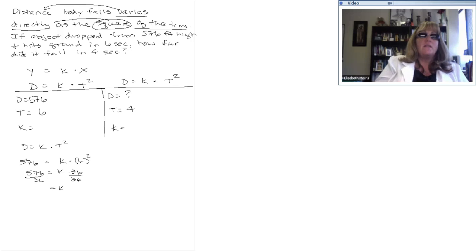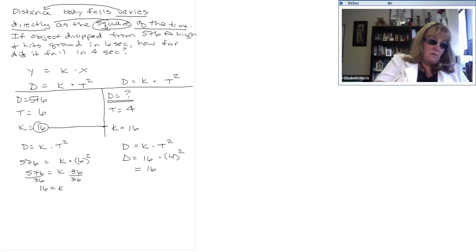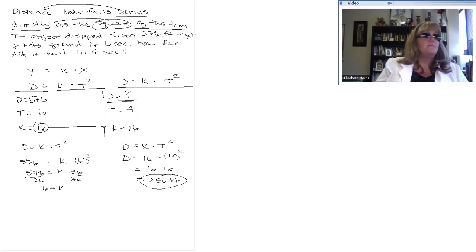So k is 16, it's a constant, so it's the same over here. Now I can use the formula again to solve for my distance. So distance is equal to 16 times 4 squared. So 16 times 16, which is 256. So it fell 256 feet in 4 seconds.